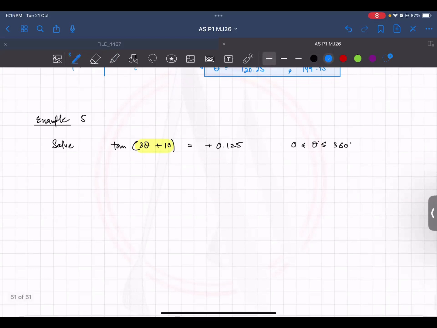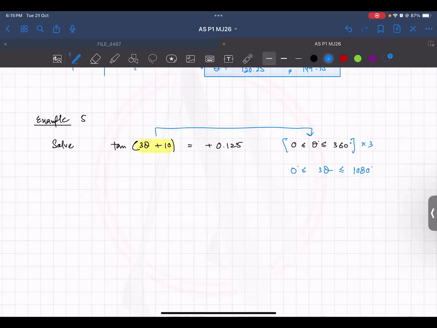So the first step, amend your range. To make theta into 3 theta plus 10, I first multiply this completely by 3. So I will get 3 times 0 is 0, 3 times theta is 3 theta, and 3 times 360 will be 1080.